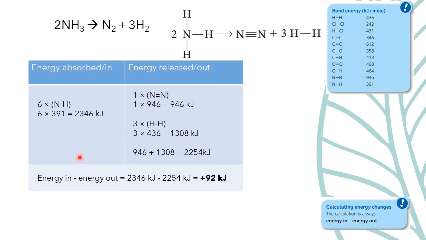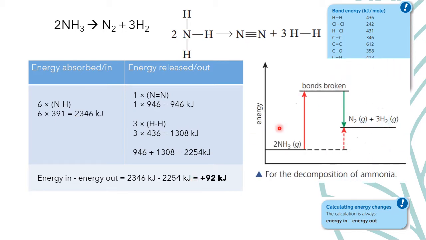So total energy change for this reaction is an endothermic reaction sebab nilai energy absorb tu lebih besar daripada nilai energy out. So positif, positif kat depan ni indicates it is an endothermic reaction.